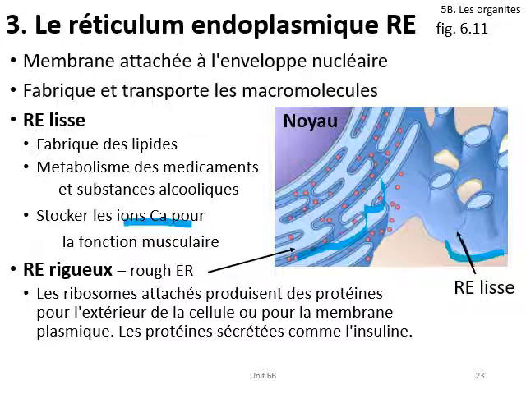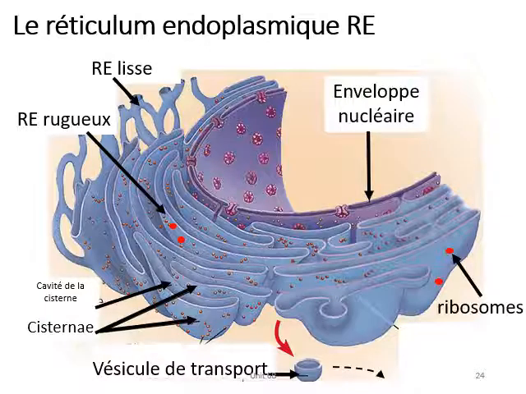The attached ribosomes produce proteins that are transported to the exterior of the cell. These proteins tend to be ones that are secreted from the cell, like insulin. Here's another look at the ER with the rough ER. What does it have? What are these? They're the ribosomes. And the smooth does not have ribosomes.